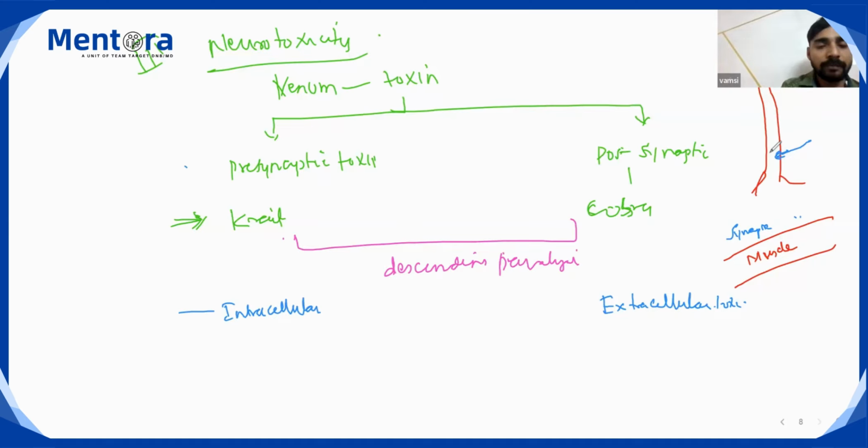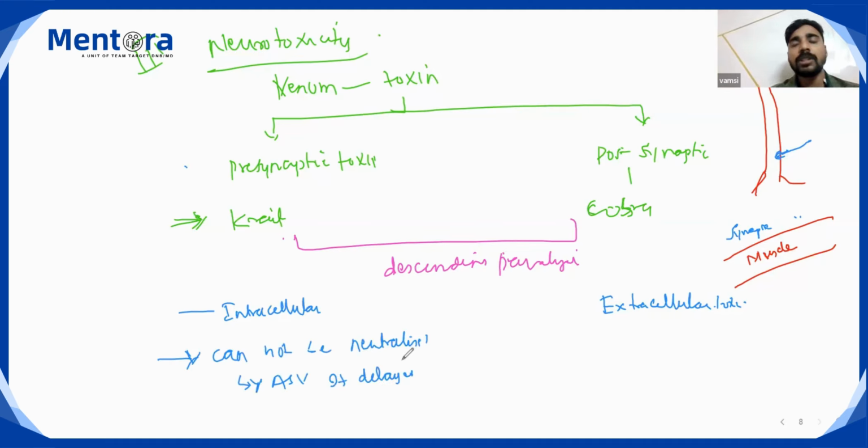So the important inference is that the presynaptic toxin cannot be neutralized by ASV if delayed. But because the postsynaptic toxin is present only in the synapse, extracellular, it can be neutralized.